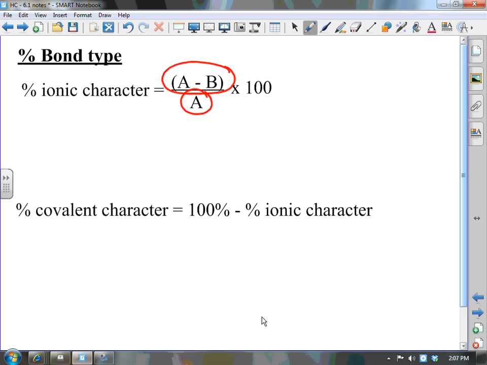Be careful, some of the questions in the homework, in the book, or on the test, make sure it's not asking for percent covalent, because remember, that's really the opposite calculation. If you want to find the percent covalent, it's 100 minus the percent ionic. 70% ionic, 30% covalent. 70% ionic means most of the electrons are not being shared equally at all. Maybe a small fraction of the time they will be shared, but not shared equally at all.